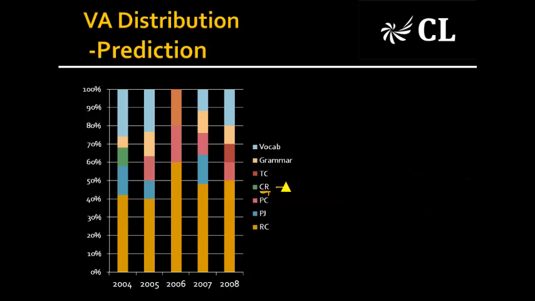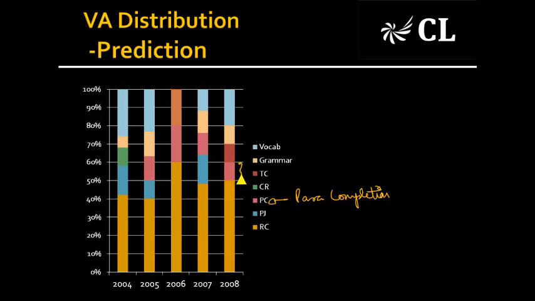By CR I mean critical reasoning. From 2004 to 2008 you've only found critical reasoning once. Before that, before 2004 there were quite a few questions from critical reasoning. PC is paragraph completion.